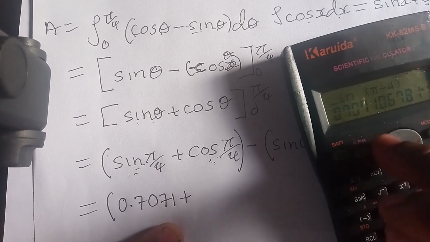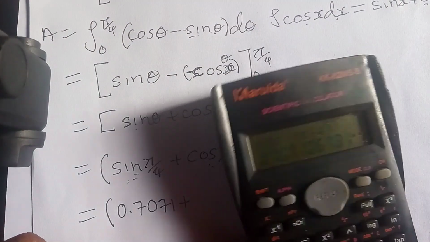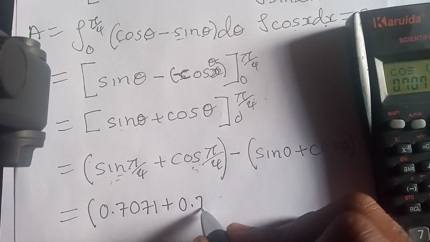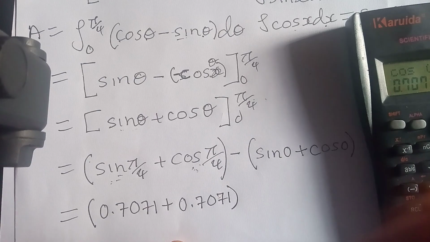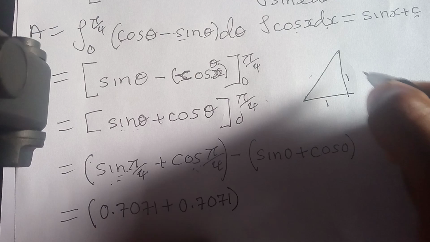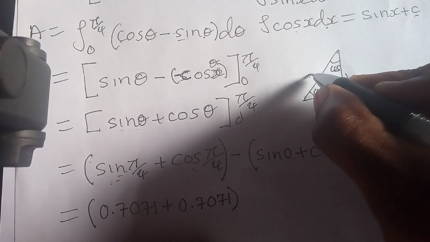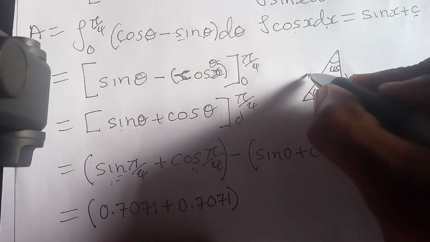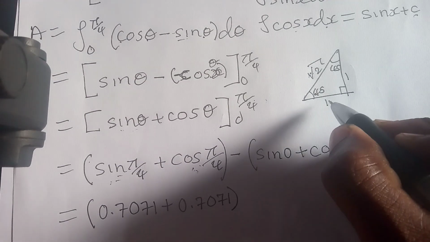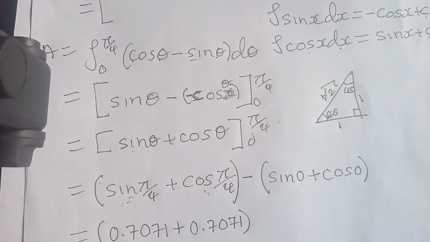You can even verify that. Even if I punch in cos of the same angle, I'll get the same thing, 0.7071. And the reason is very simple, because with 45 degrees, cos 45 is 1 over root 2, and sine 45 is also 1 over root 2.